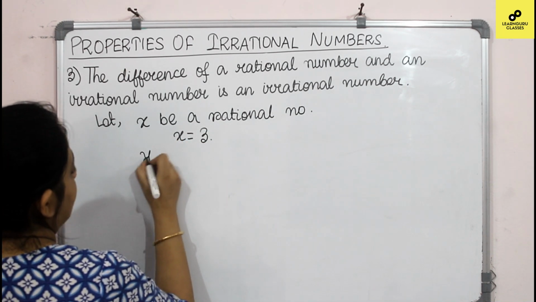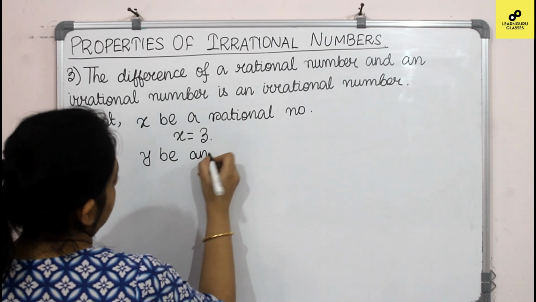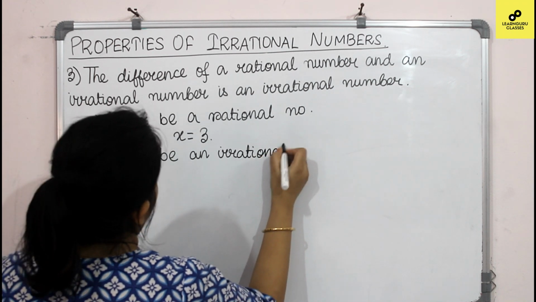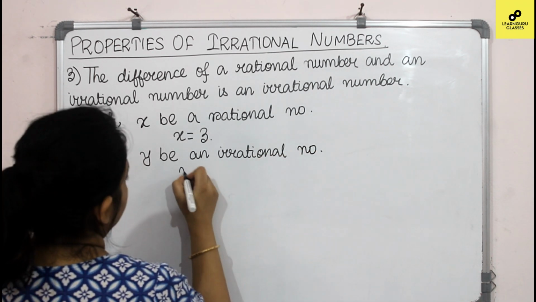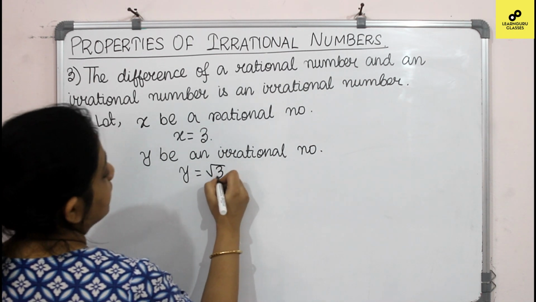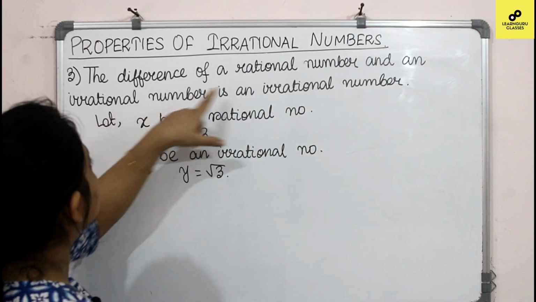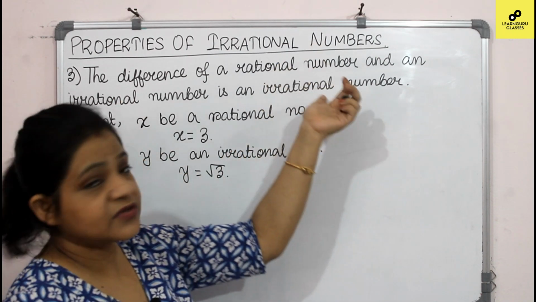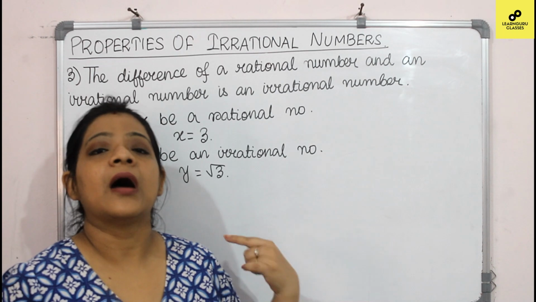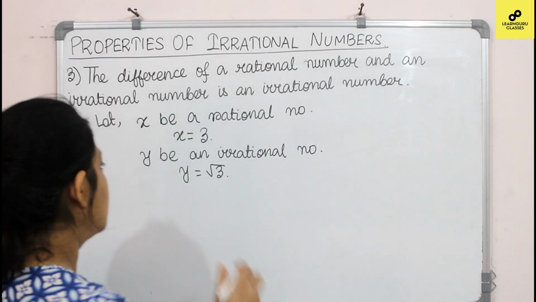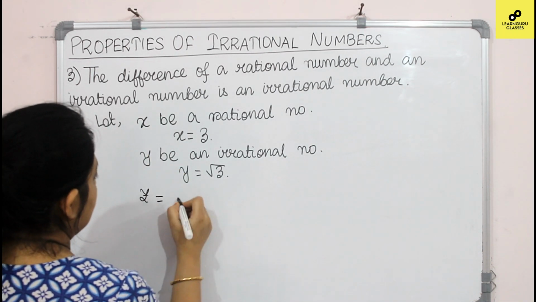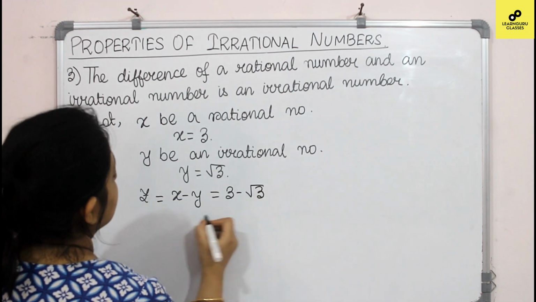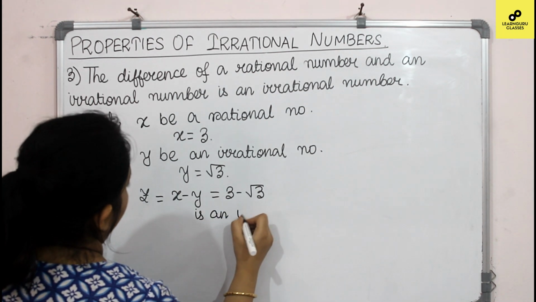Let y be an irrational number, so let it be root 3. So the difference of a rational number and an irrational number, that is, you are to subtract an irrational number from a rational number. So z will be x minus y, that is 3 minus root 3, is an irrational number.